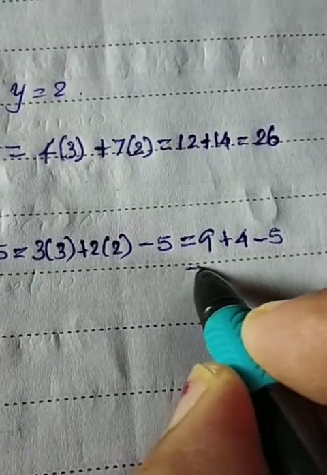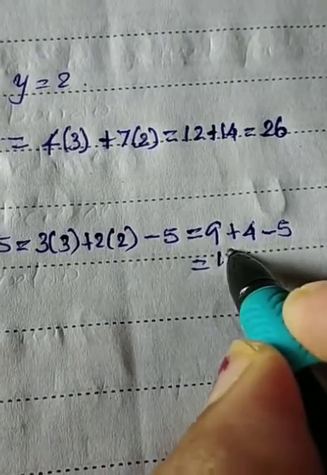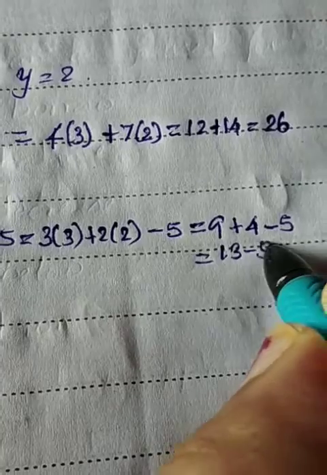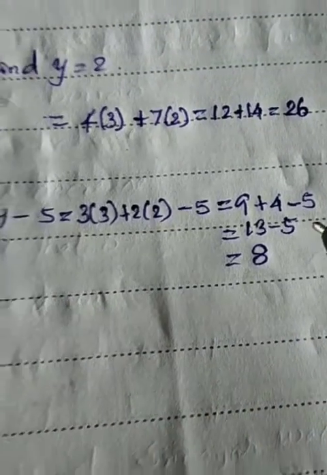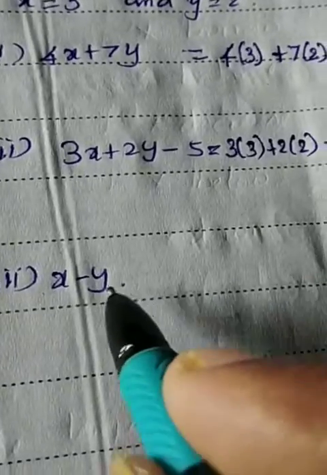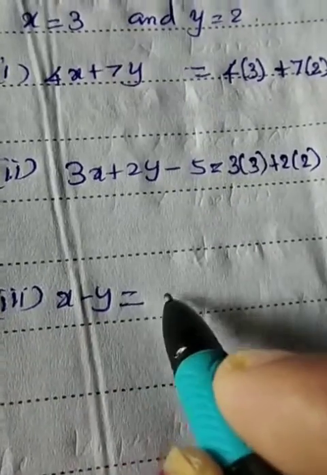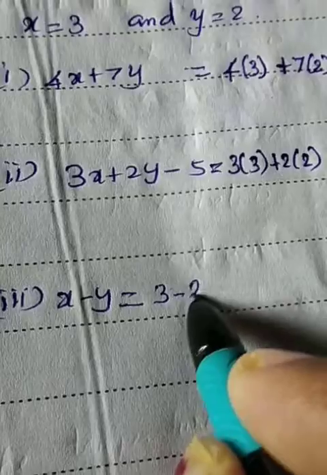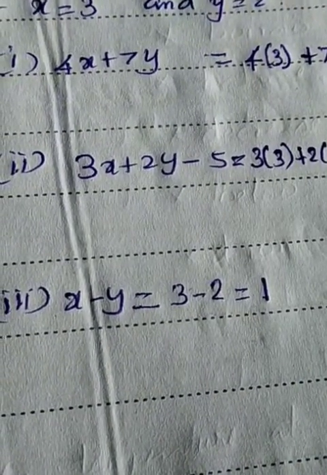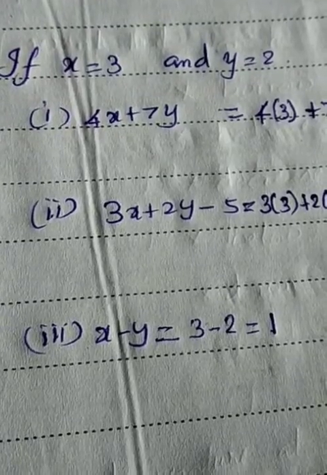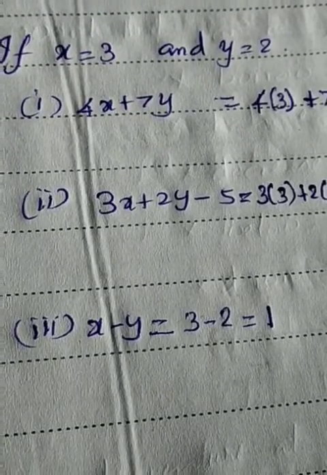That is equal to, add first, 13 minus 5. What is 13 minus 5? It is 8. Now here we have x minus y. That is 3 minus 2, which is simply 1. I think now you can understand how to solve the given algebraic expression.